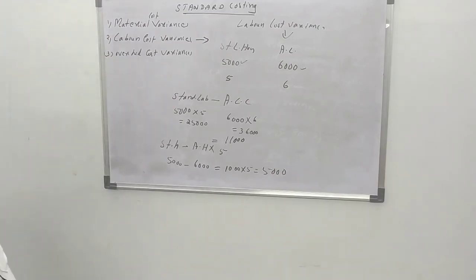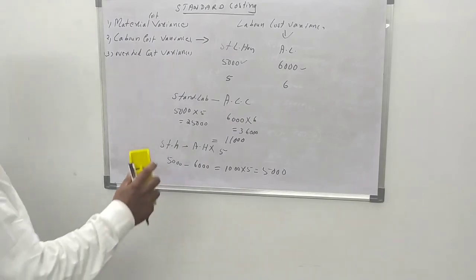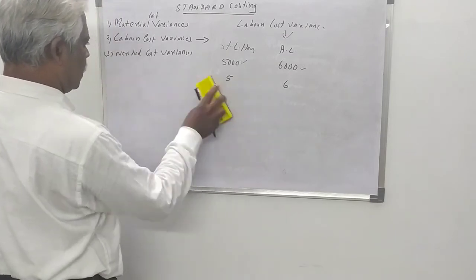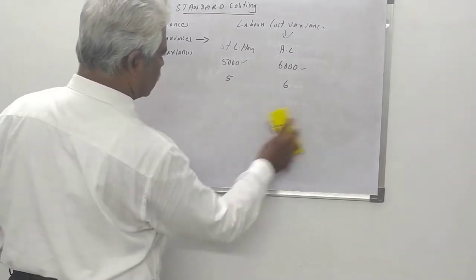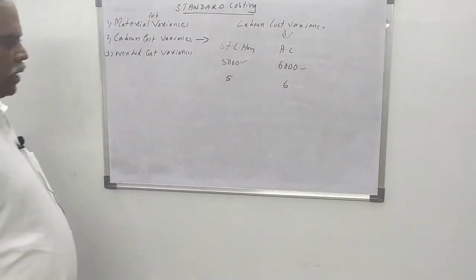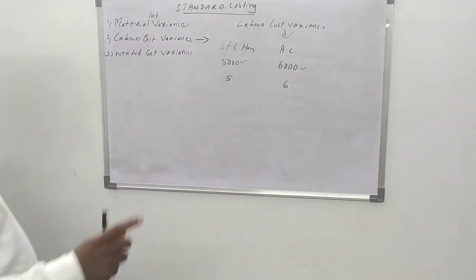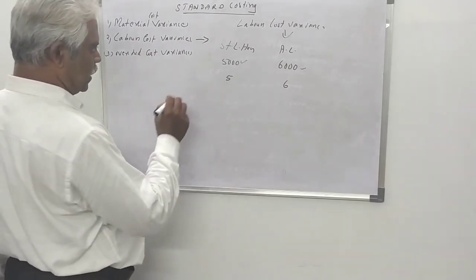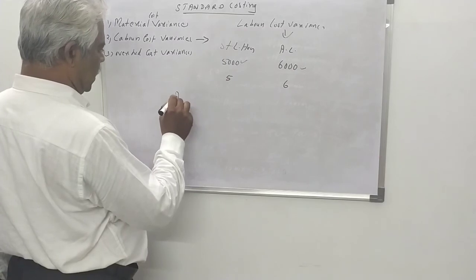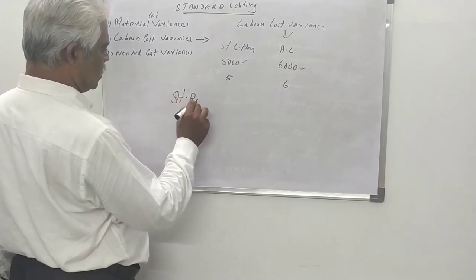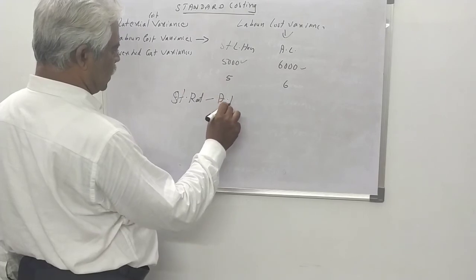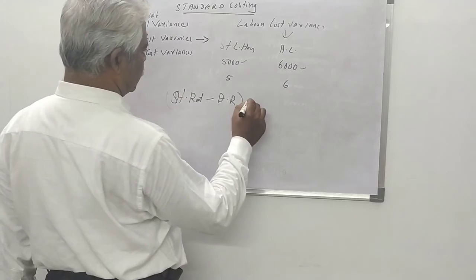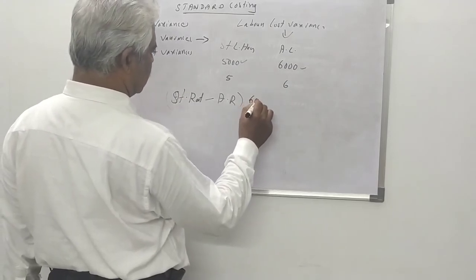Then we have to find out the rate variance. How can we understand rate variance? By taking a formula, that is standard rate minus actual rate, into actual labor hours, that is 6,000.